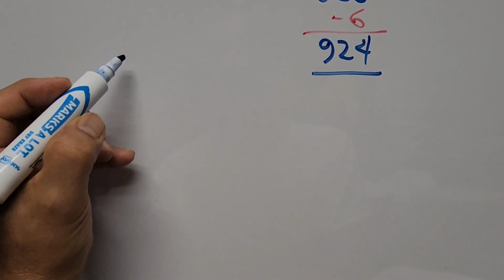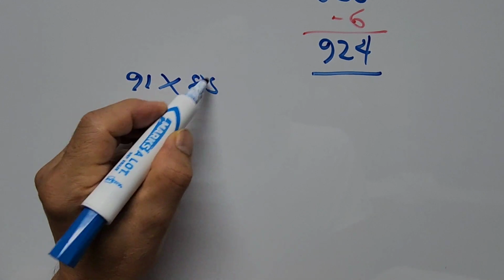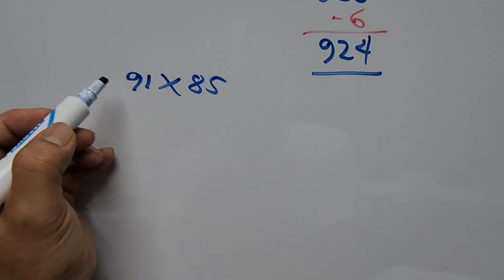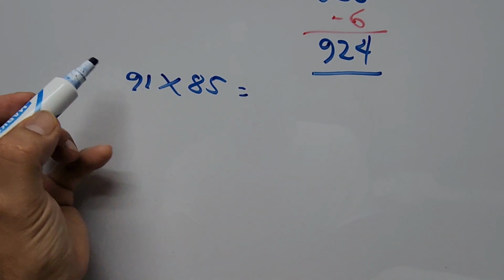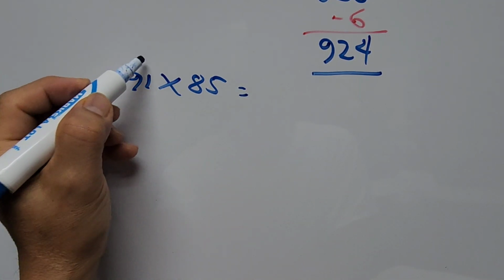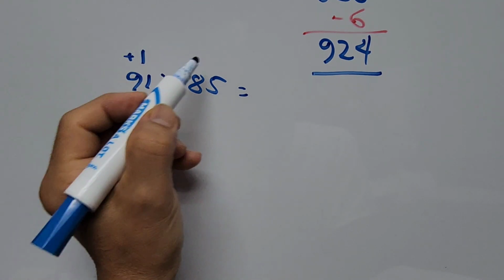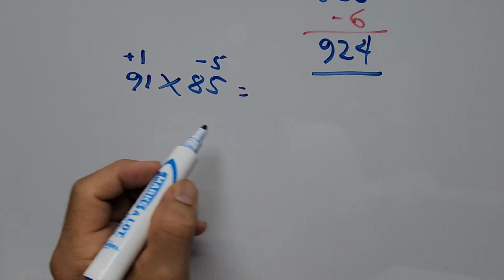Let's say 91 times 85. These numbers are close to each other, 91 and 85, right? We're using base 90, alright? So this 91 is 1 point over 90, and 85 is 5 points below 90.